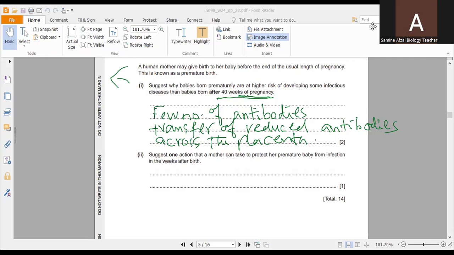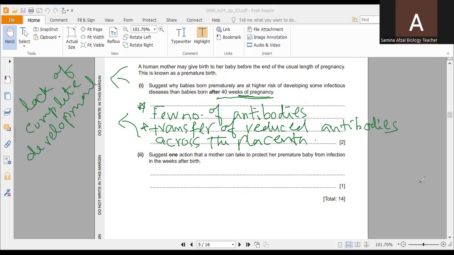And there is one more thing which we can see: the lack of complete development of immune organs.